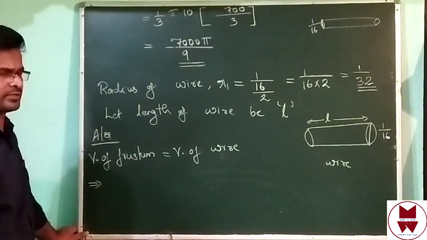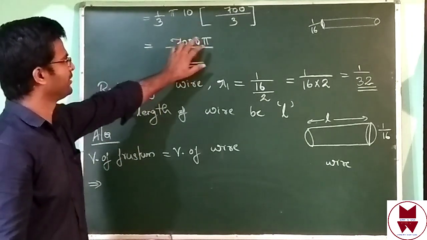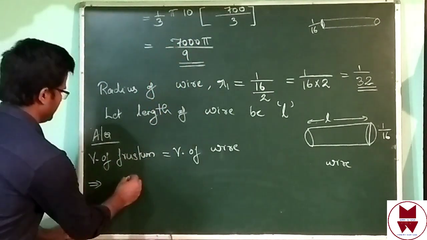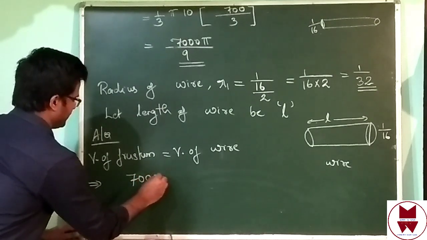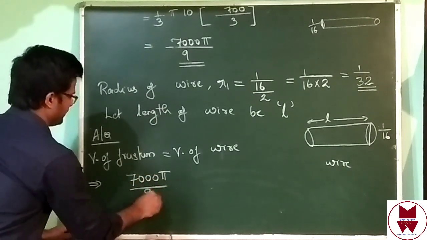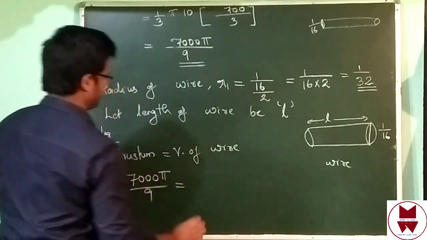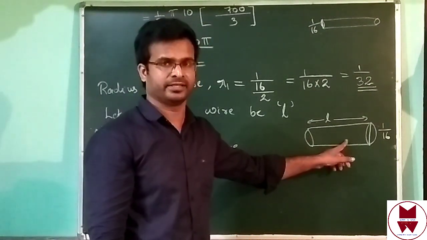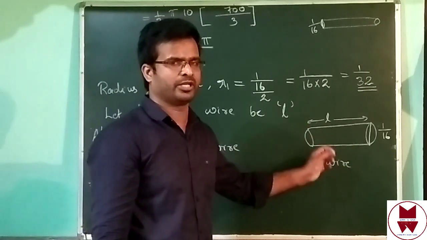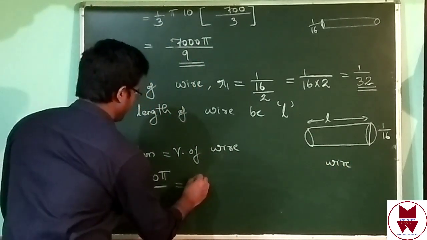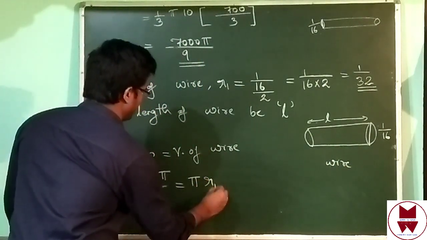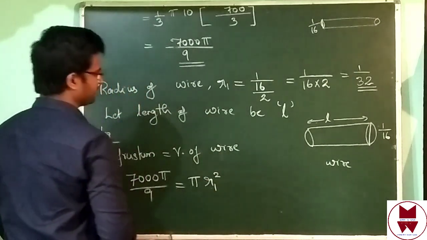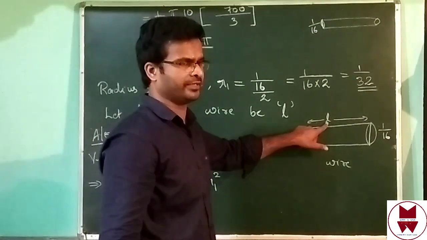What is the volume of frustum? We got 7,000 pi divided by 9. 7,000 pi divided by 9 equal to the volume of wire. Which shape is this one? This is a cylindrical shape, isn't it? Then volume of cylinder, that is pi R1 square. What is H? Can you write H here?